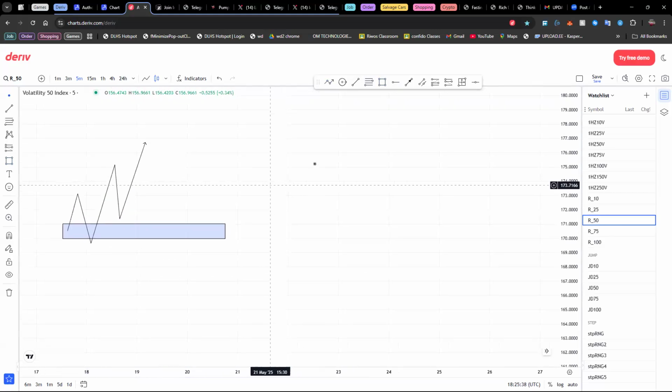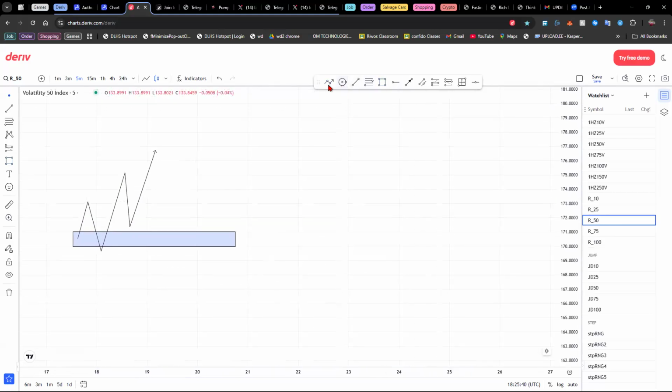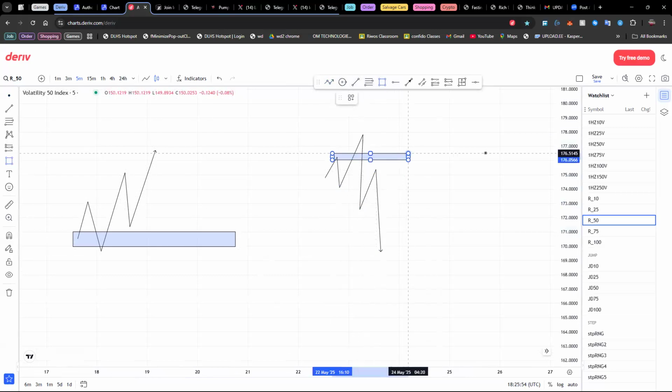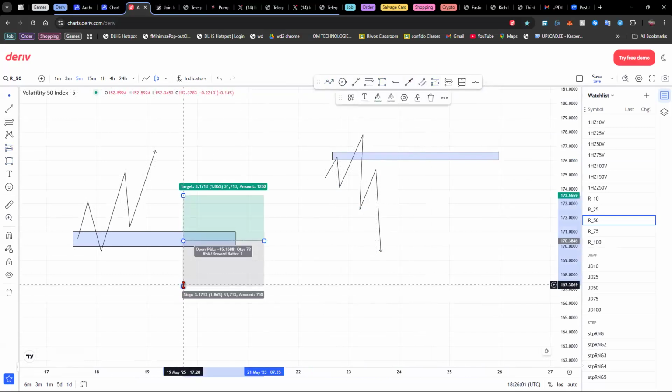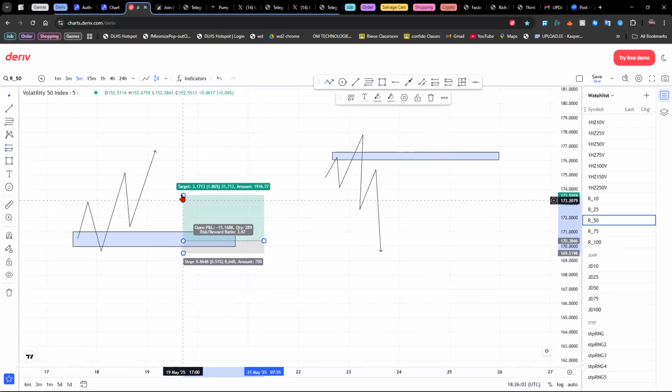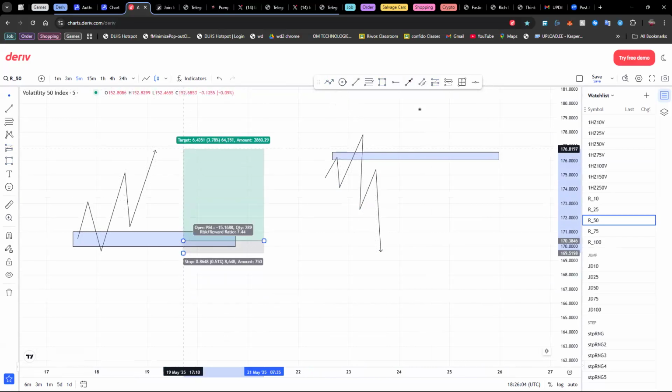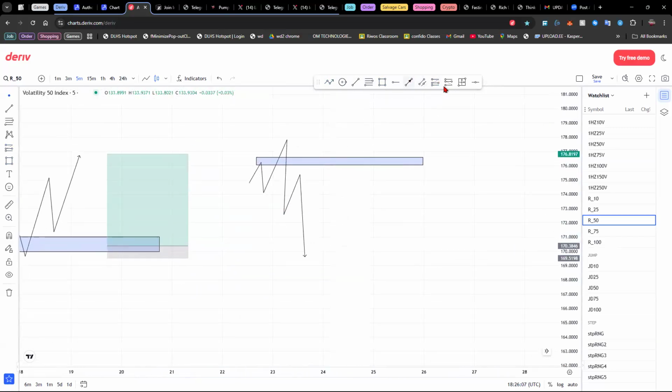This is for my buy opportunity, and this is for the sell opportunity. Let me draw it out well for the sake of those that were not with us the last time.